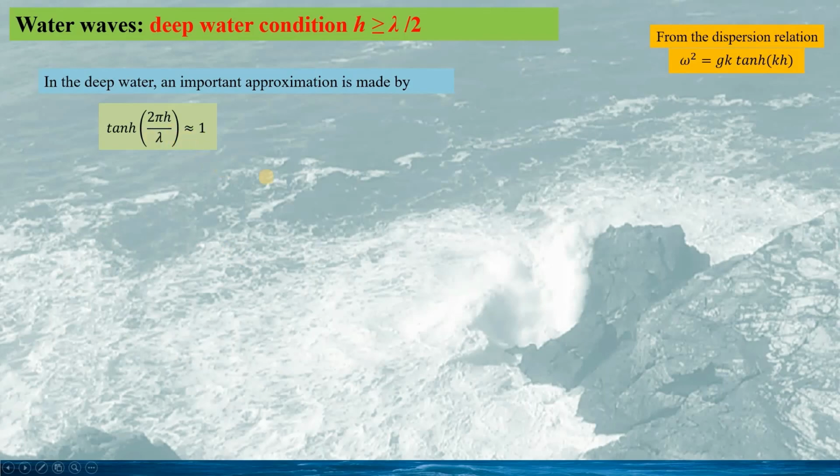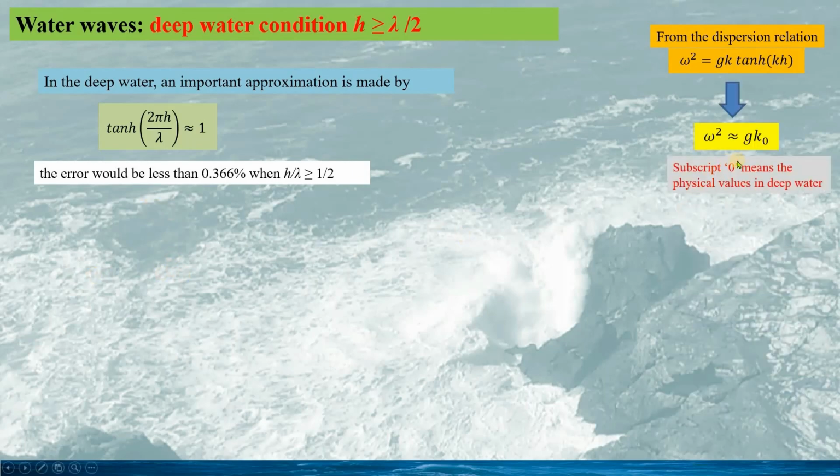And when h is equal to or larger than half of the wavelength, the maximum error is less than 0.366% for this approximation. So this is actually very accurate for engineering applications.